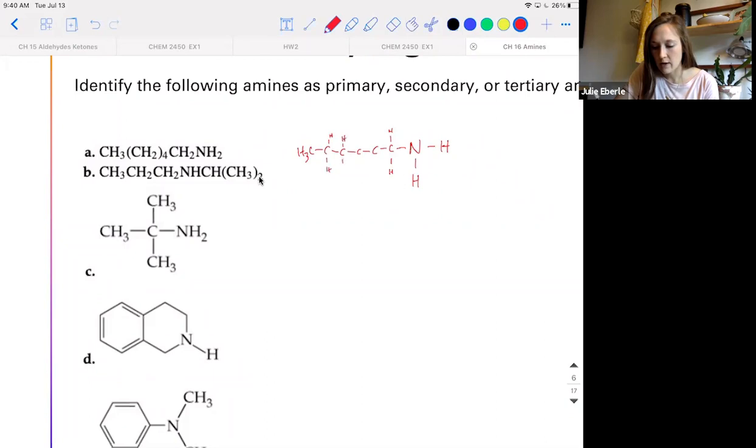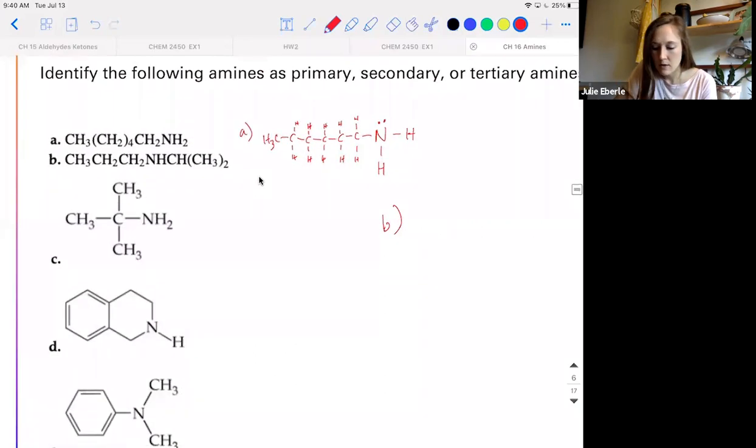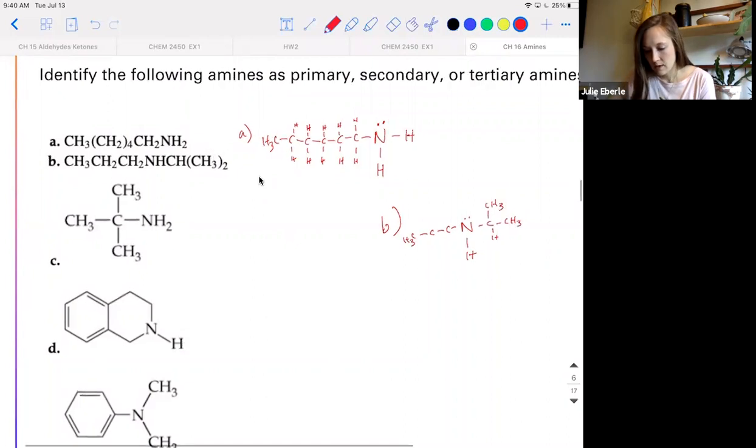This is what I have for A, if that helps you classify it. For B, and then these would all be hydrogens.